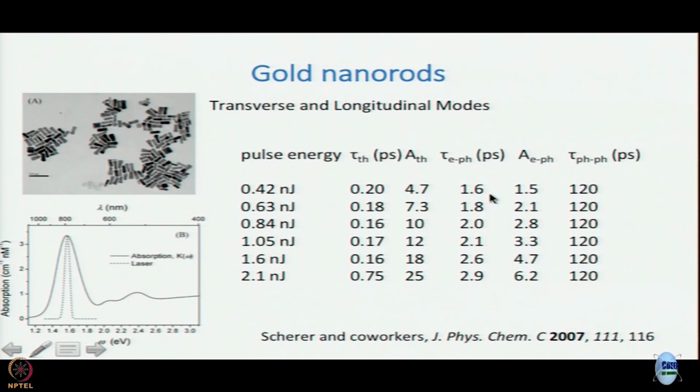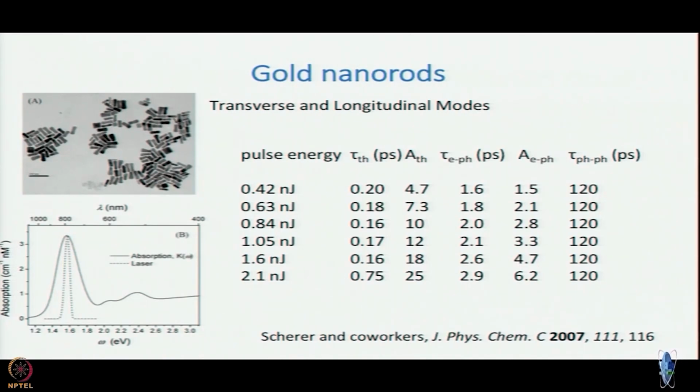Electron phonon coupling time constant goes up from 1.6 picosecond to 2.9 picosecond, and phonon-phonon coupling is not affected; that remains 120 picosecond throughout. So, that is what they had observed.